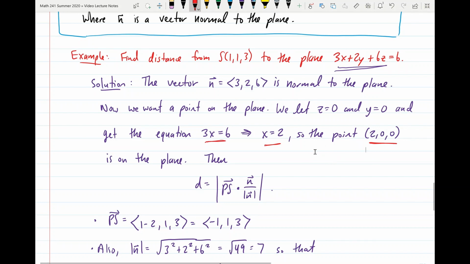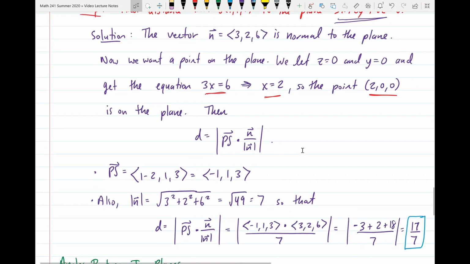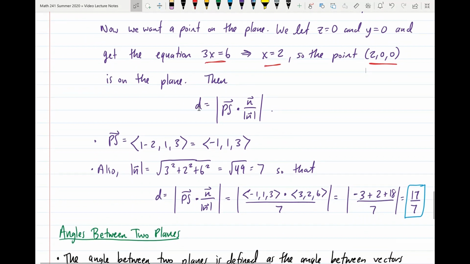And now we have, I think, all of the information apart from some vector operations we have to do now to calculate the distance. So the distance is given by the magnitude of P to S dot producted with n over the magnitude of n.